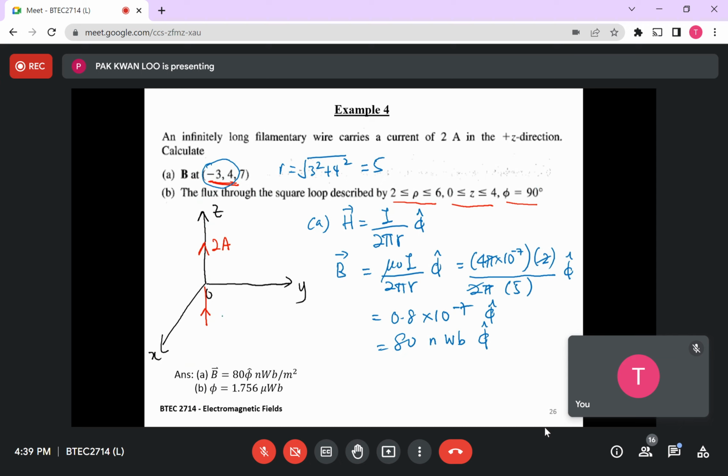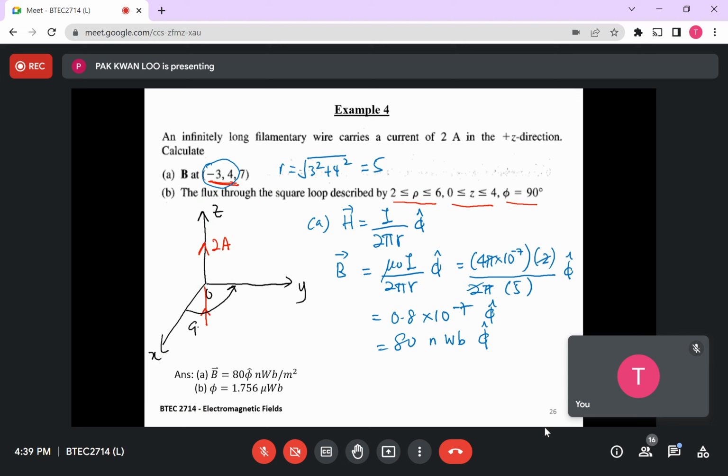So radial 2 to 6, and then the height is from 0 to 4 at a constant plane of 90 degrees. So the constant plane of 90 degrees is from here to here.